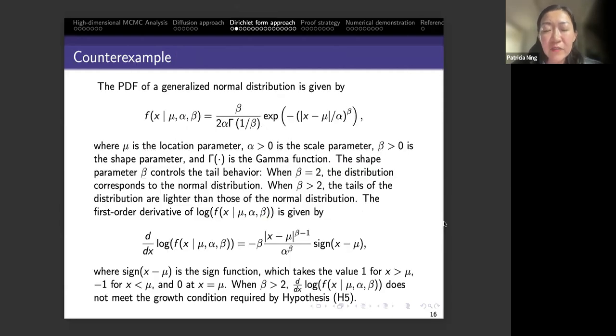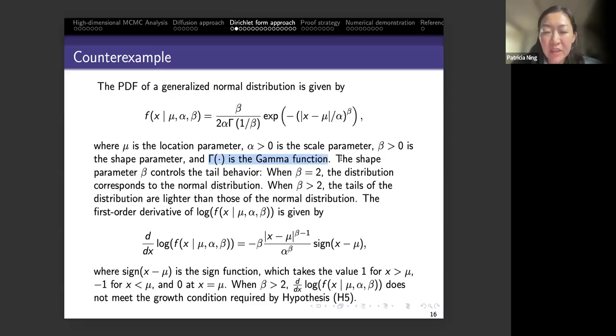The PDF of a generalized normal distribution is given by this form, with 3 parameters, mu, alpha, and beta. Mu here is a location parameter, alpha is a scale parameter, and beta is a shape parameter, and there's a gamma function.